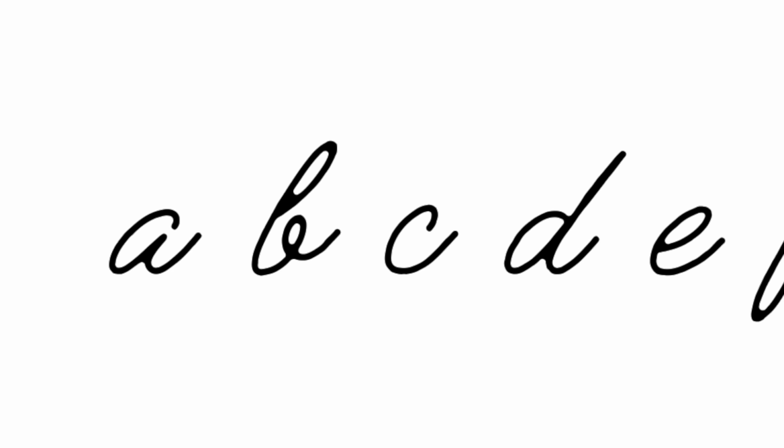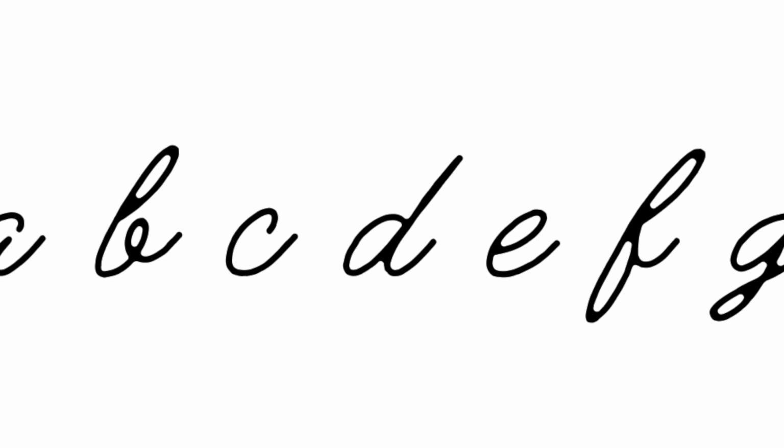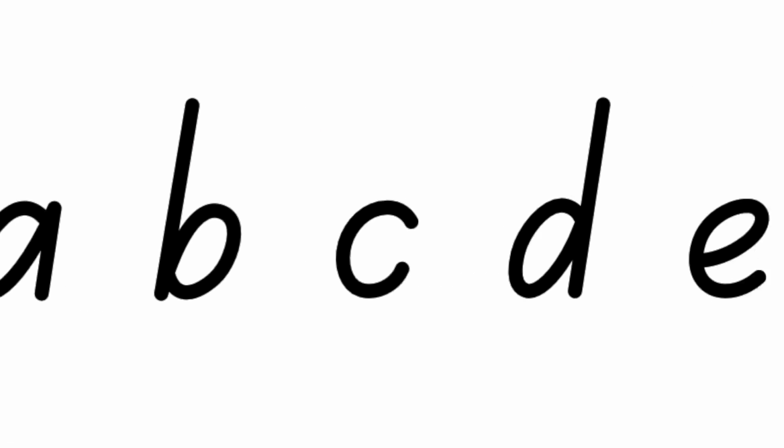Another big difference is that the program tackles reading, writing, and spelling all at the same time. When buying this program, you're going to have to make a choice between buying cursive or manuscript for writing. This really caught my attention. If you don't know the difference between cursive and manuscript, cursive is something like this, and manuscript is something like this.